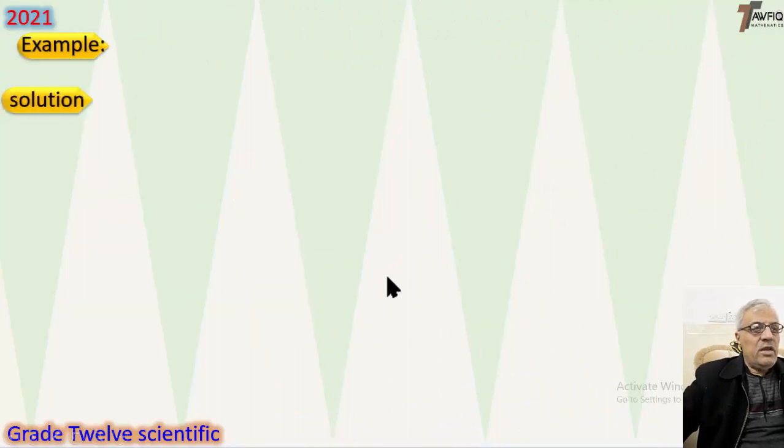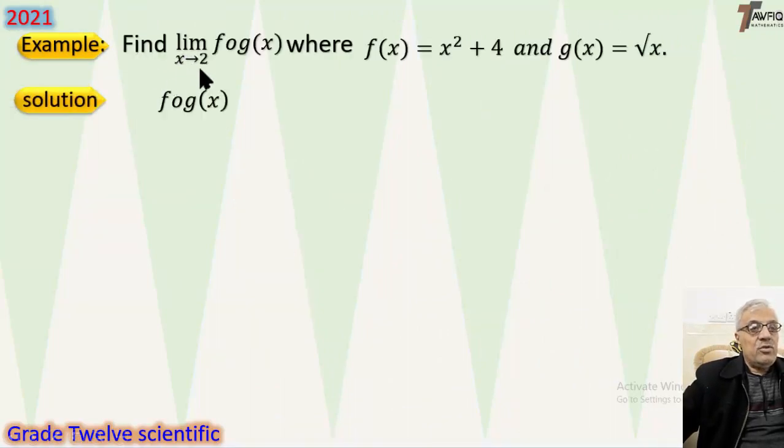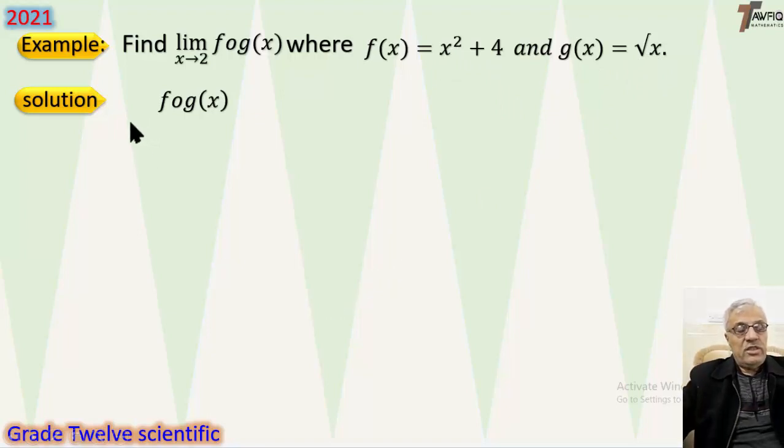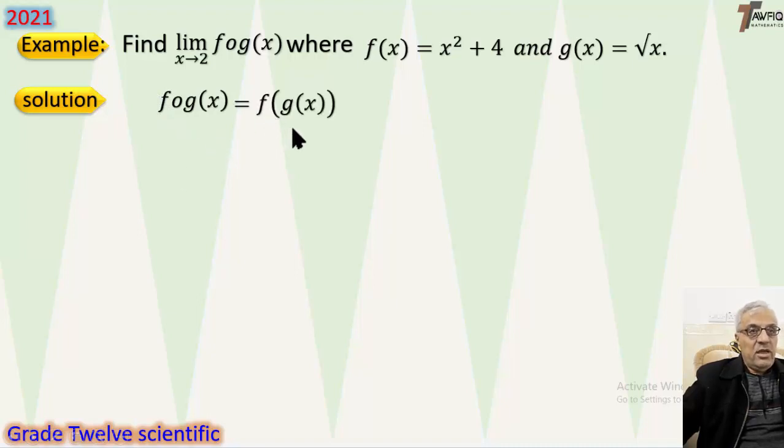Another example: find the limit as x approaches 2 of f(g(x)), where f(x) is x squared plus 4 and g(x) is the square root of x. First of all, we have two ways to solve this example. The first one: find the function f(g(x)). We have g(x) as the square root, replacing in place of x, it becomes f of the square root of x.